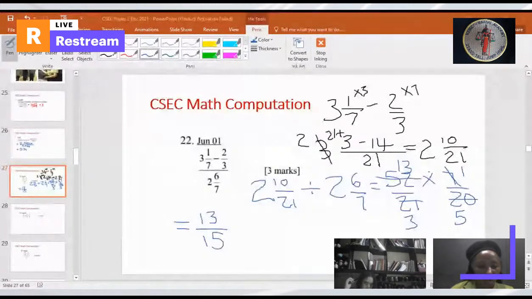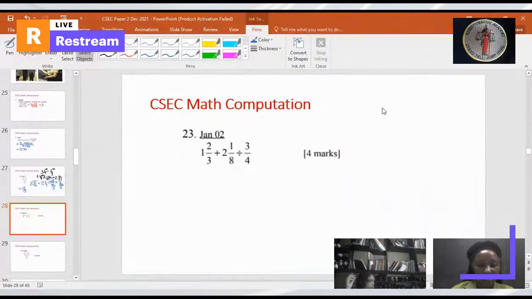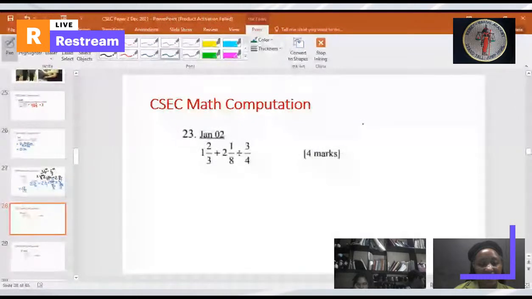So let's continue with number 23. First you're going to do the division part, because of the order of operations. John is saying something very important. Some persons would go straight and add 1 and 2 over 3 plus 2 and 1/8.